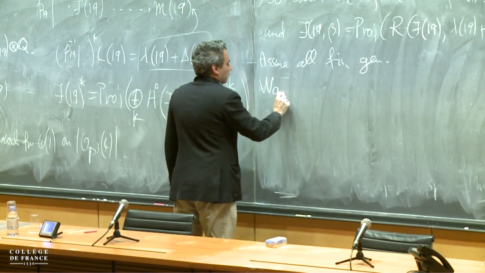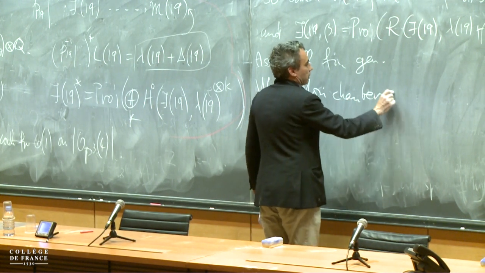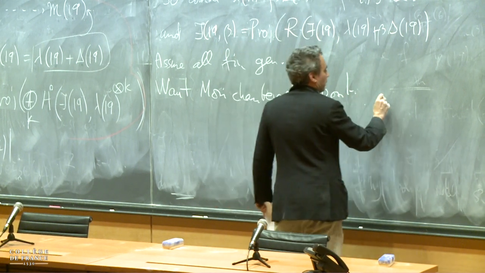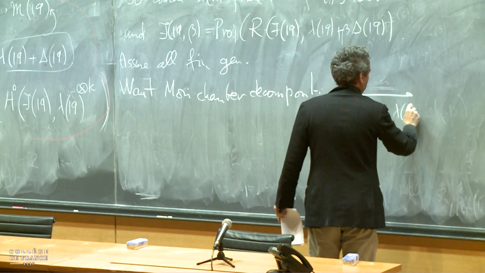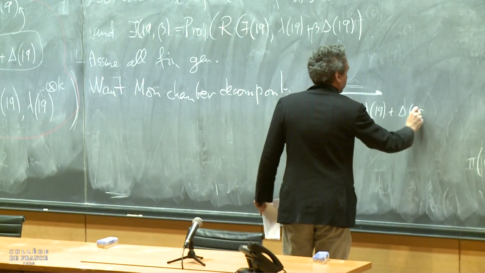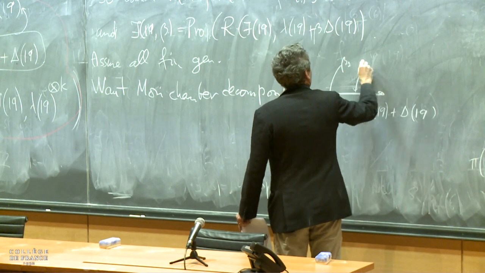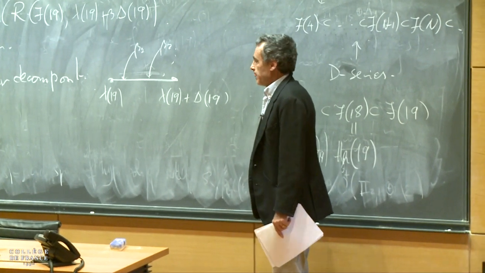We want the Mori chamber decomposition of this segment. So you want to find what are the critical values of beta, okay?